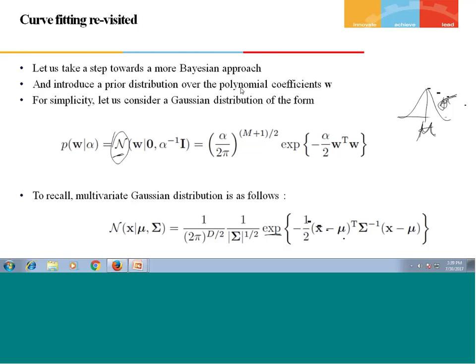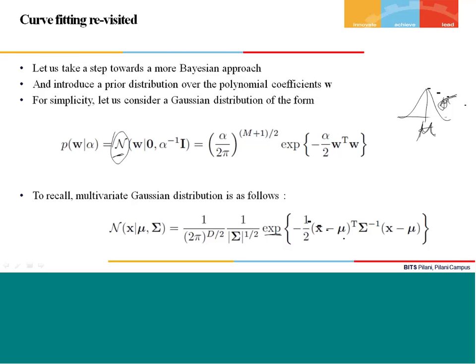Yesterday, if you remember, we used the beta distribution for that prior. Here we again use a prior distribution, but rather than the beta distribution, we will use the normal distribution.